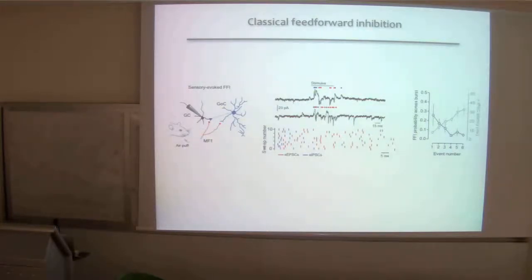But if you look at the probability of actually seeing feed-forward events, so events where you see an excitation followed by inhibition about 2 milliseconds apart, across all cells we only saw about a 20-25% probability that you would see feed-forward like events anywhere in a burst. So they're definitely present, but they don't seem to be the predominant form of inhibition that's coming in, or the pathway that's being activated.